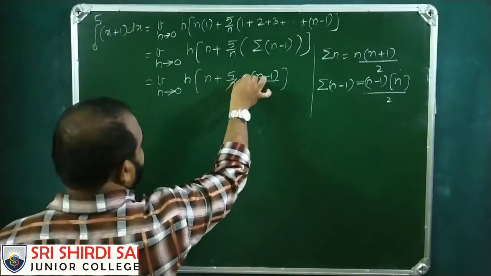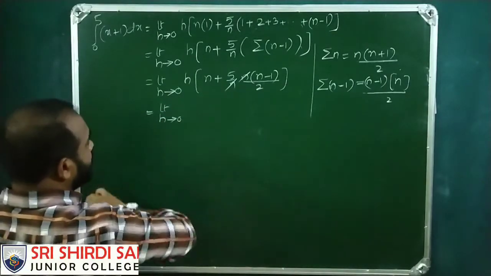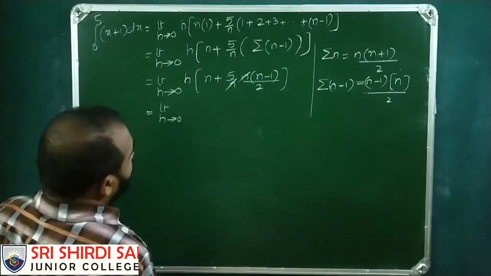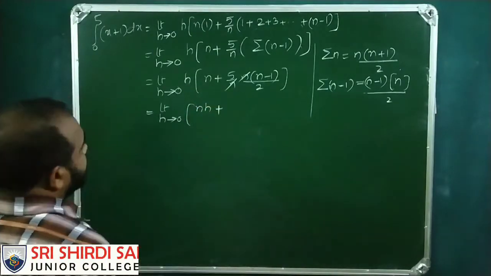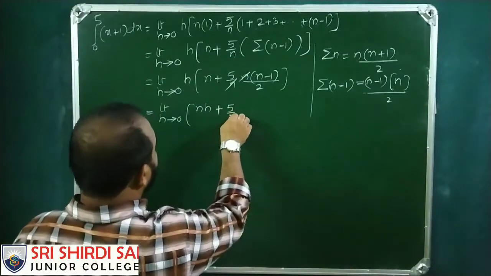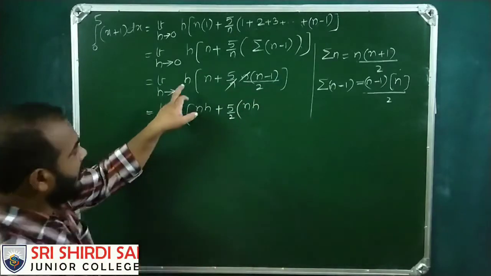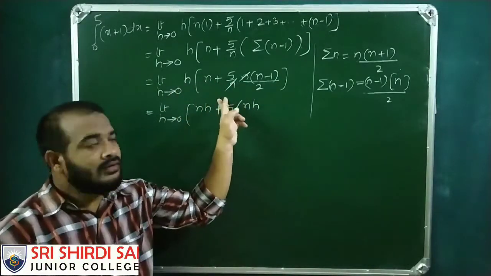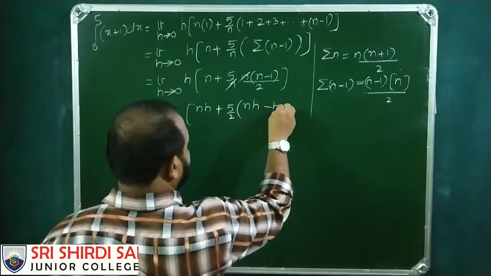So this n gets cancelled. Limit h tends to 0, so this is n into h plus 5 by 2 into (nh minus h), where I am multiplying h with both the terms inside.